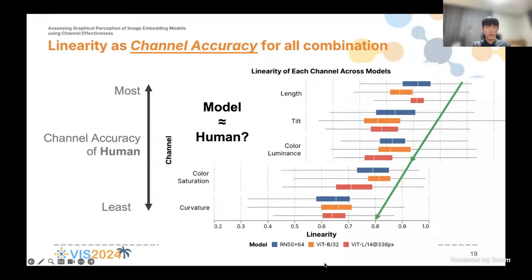If we check the accuracy in the length, we check all the intensities of the tilt, color luminance, saturation, and curvature. So I think this kind of all-combination accuracy is the fairest approach. Did I answer correctly? Yeah, I think that was quite reasonable, yes.